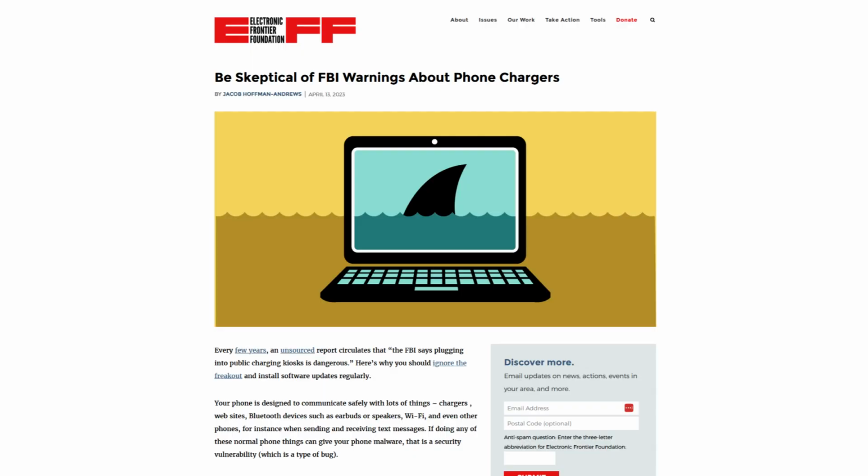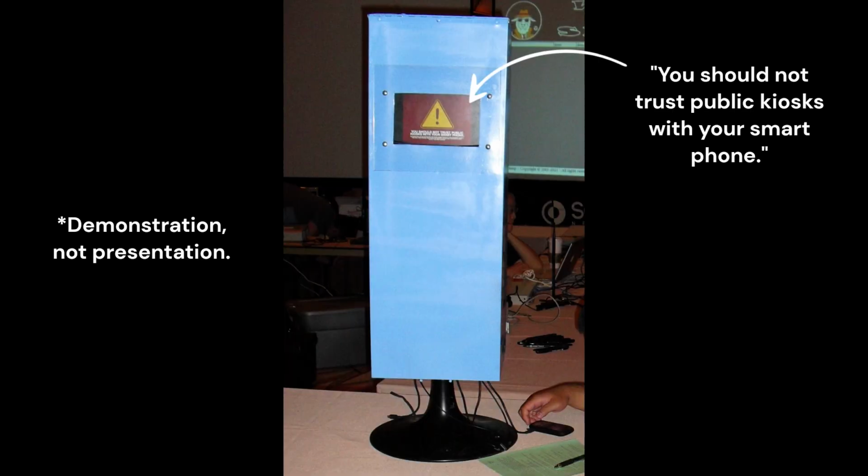The problem is that there's no evidence of this actually occurring. This Electronic Frontier Foundation article rightfully says to be skeptical of this messaging from the FBI. It talks about how it goes back to a 2011 DEF CON presentation about a USB vulnerability, and mobile security has changed a lot in over a decade.